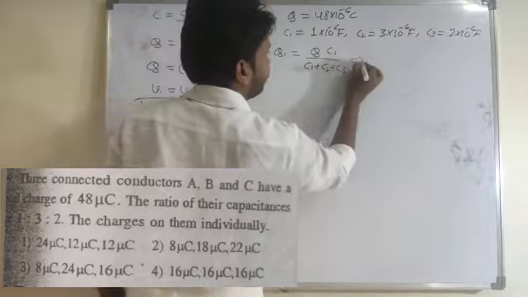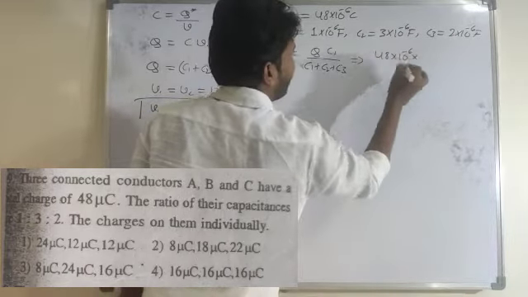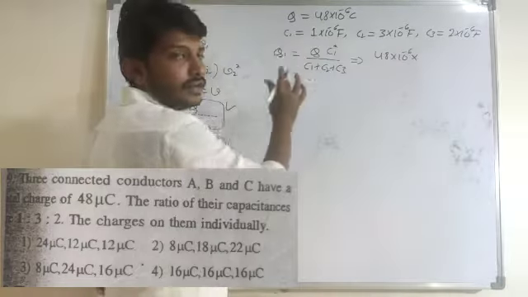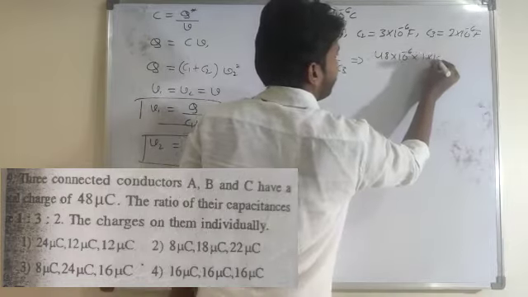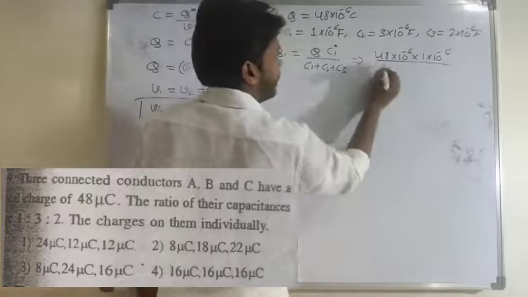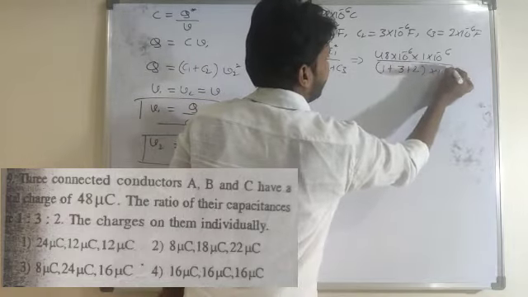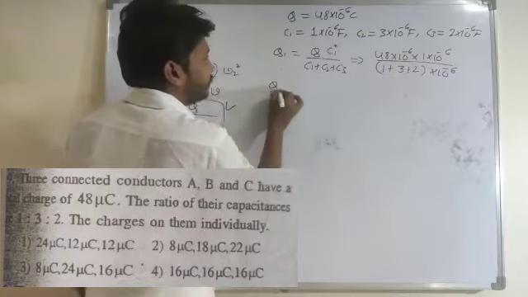So look here. Q is how much? 48 into 10 to the power of minus 6. What is the C1 value here? 1 into 10 to the power of minus 6, divided by C1 plus C2 plus C3, that is 1 plus 3 plus 2 into 10 to the power of minus 6.